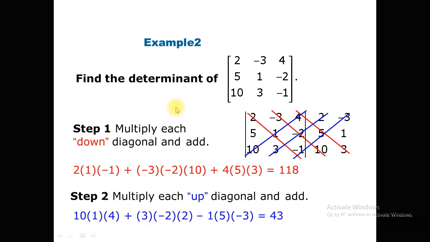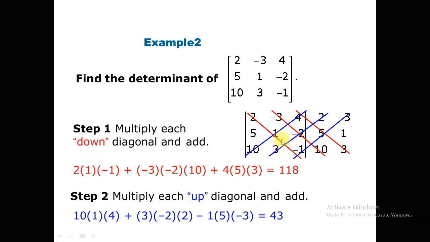Okay, now this is another example. This is a 3 by 3 matrix. Now again apply the same procedure for the determinant. Rewrite these two columns on the right side, outside of the determinant, 2 5 10 and minus 3 1 5. Now multiply the down diagonals.